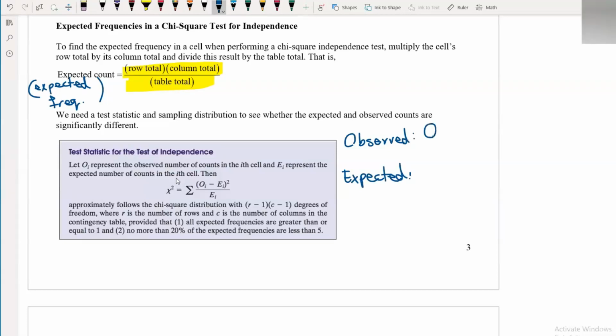Observed is O, here we have i, starting from 1, 2, 3, depending on how many we have. I'm going to use n. And here E, i is starting from 1, 2, 3 dots, and here is n, because I don't know how many we have.